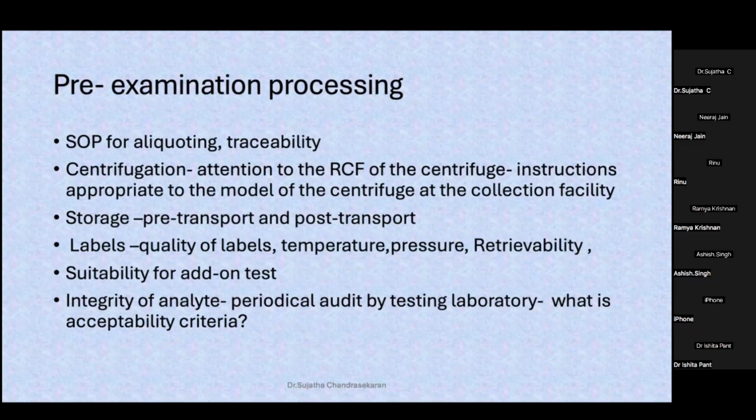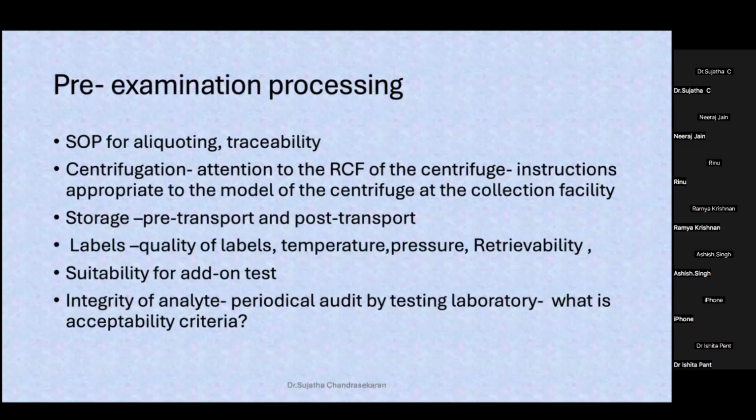If the lab is not even aware of what is available in the sample collection facility, it cannot write a centrifugation SOP properly. And RPMs are generally to be discouraged. At the site of work, the RCF should be converted into RPM, and then for practical use, it should be available at the site of work.